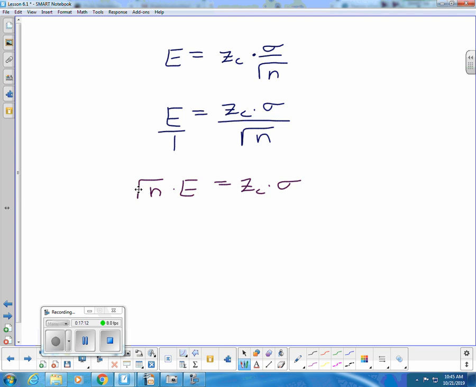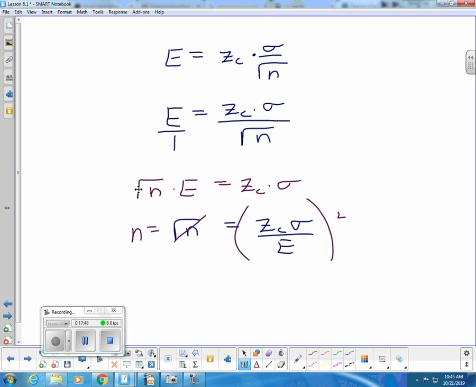Then we're going to divide by e, and I get this. And then how do I get rid of the square root? Square both sides. So n equals z sub c times standard deviation over the margin of error, squared. And that's just simple algebra. It's not like they create a whole new formula. They just rewrote the old formula in terms of n.